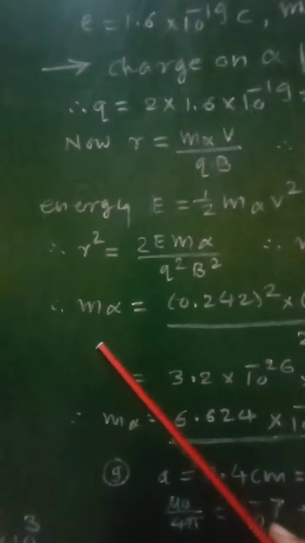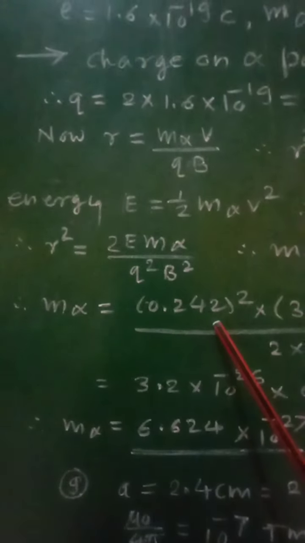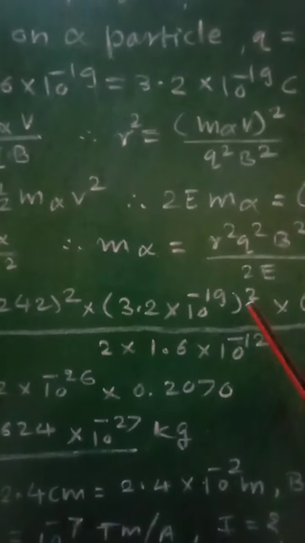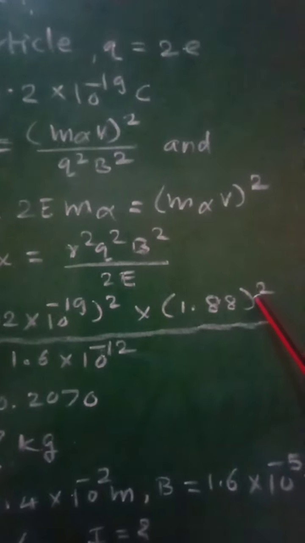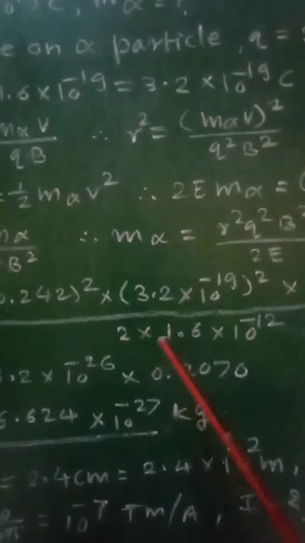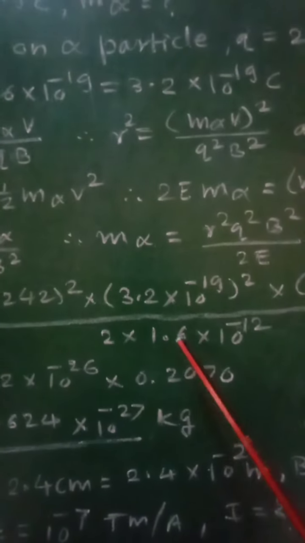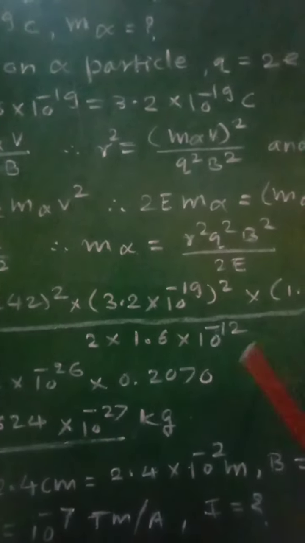Putting values we will get m alpha equal to 0.242 square into 3.2 into 10 raised to minus 19 square into 1.88 square divided by 2 into 1.6 into 10 raised to minus 12, that is the energy.